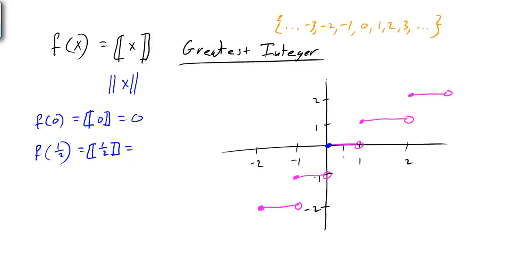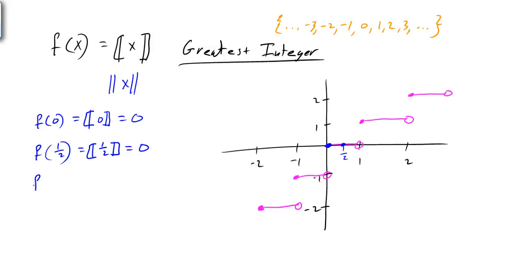If this here is 1/2, then we want to go down below a half to the greatest integer that is less than 1/2. If we go across the number line, the next integer less than a half would be 0, and that's why we have our point here at 1/2 on the x-axis. So therefore, this is also equal to 0.